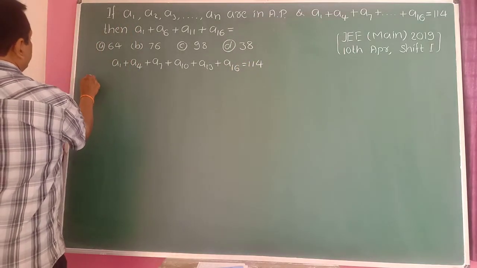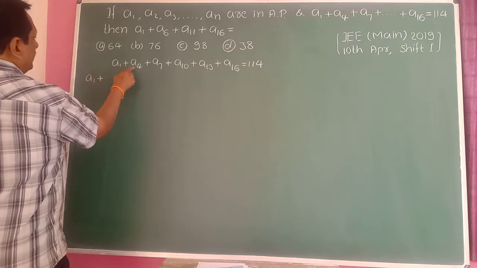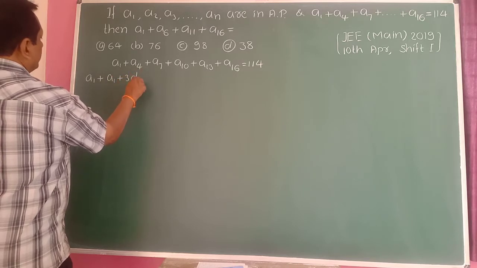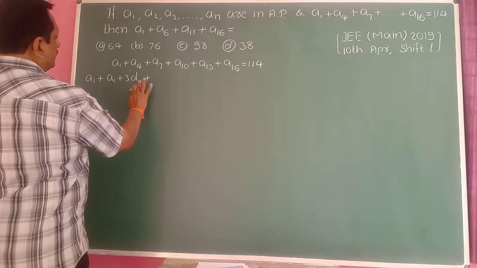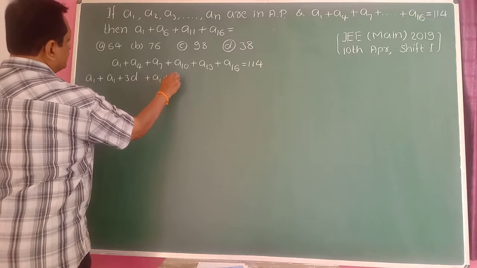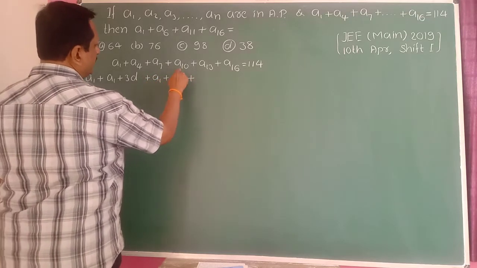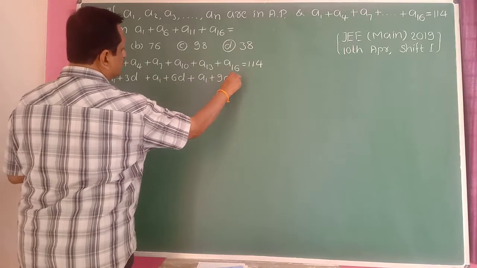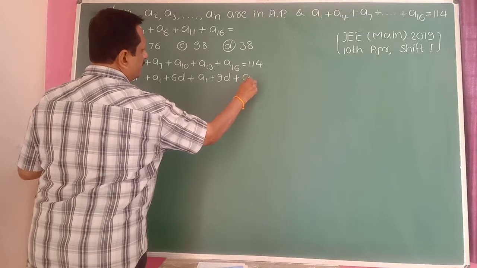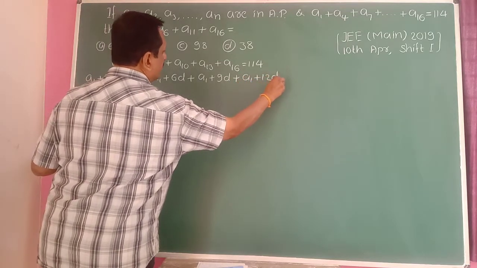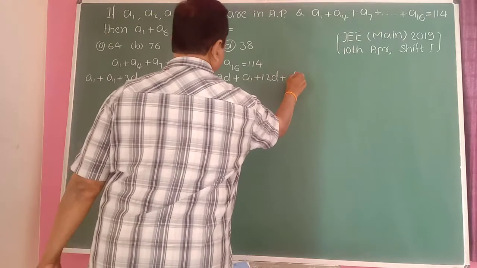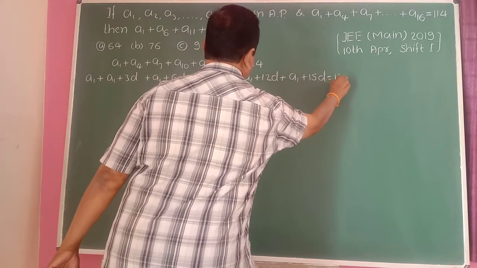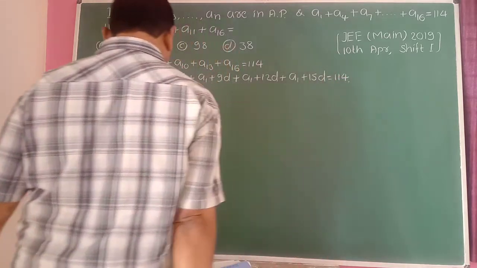A1 is the first term, so write A1 as it is, plus A4 can be written as A1 plus 3D. A7 is A1 plus 6D, then plus A10 is A1 plus 9D, then plus A13 is A1 plus 12D, then plus A16 is A1 plus 15D, that is equal to 114.